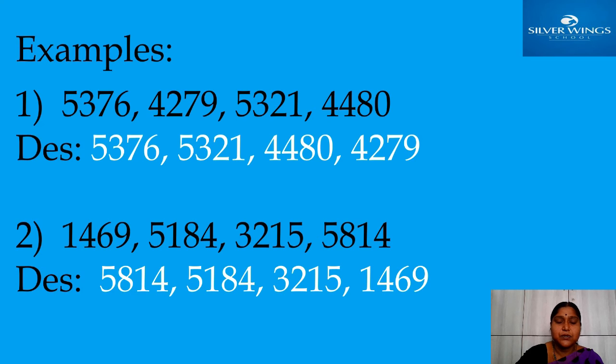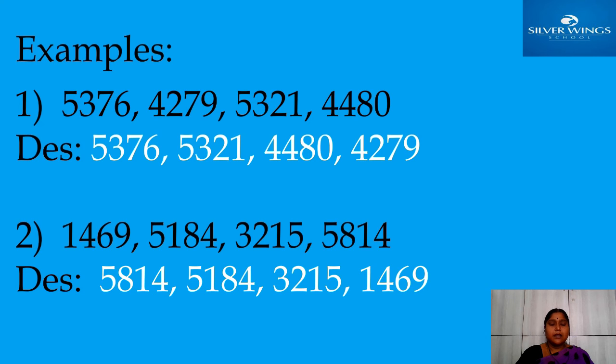So first you should write 5814, because that is the big number. Next you should write 5184, because its thousands place is greater than the other two numbers. Two numbers are done.